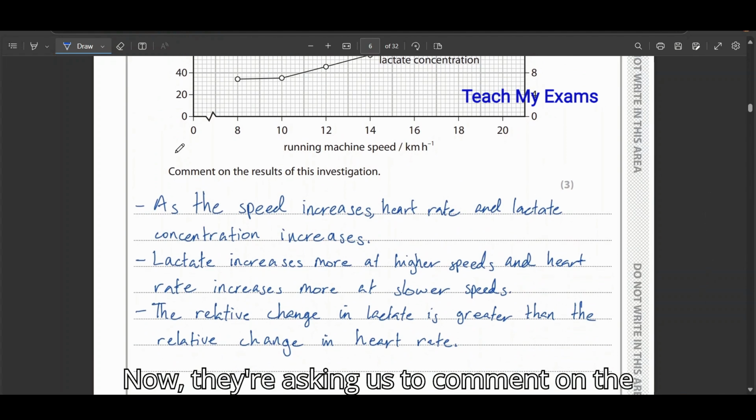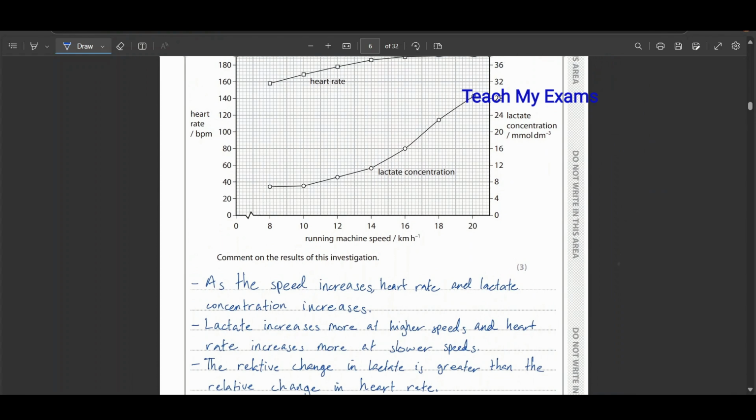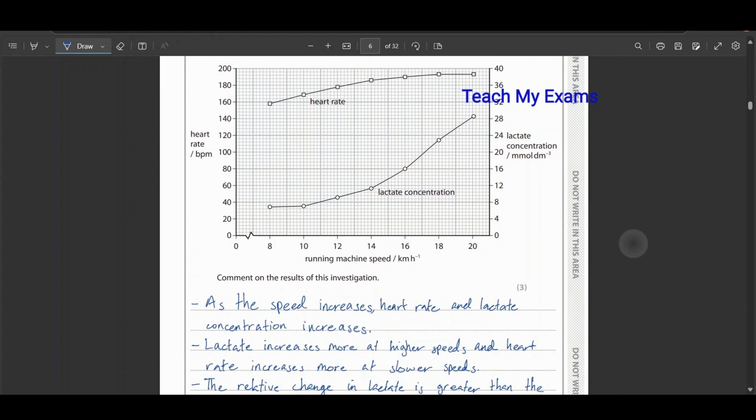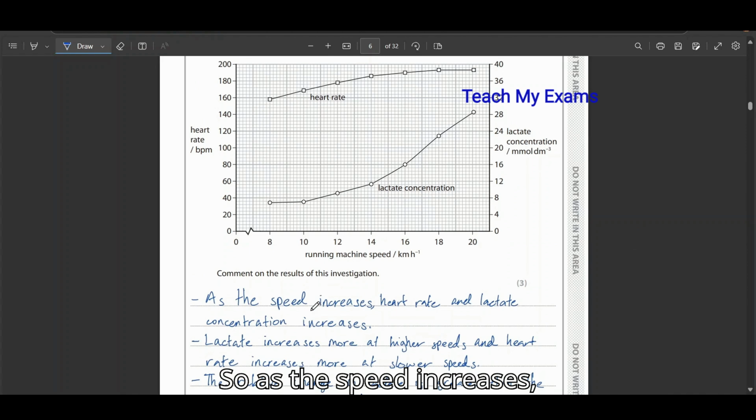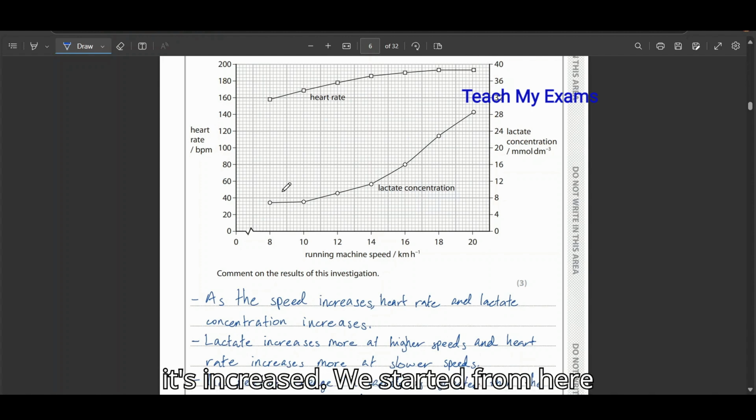They're asking us to comment on the results of this investigation. As the speed increases, heart rate and lactate concentration increase. We can see that: it's lower here and we end up here, so it's increased. Lactate increases more at higher speeds and heart rate increases more at slower speeds.